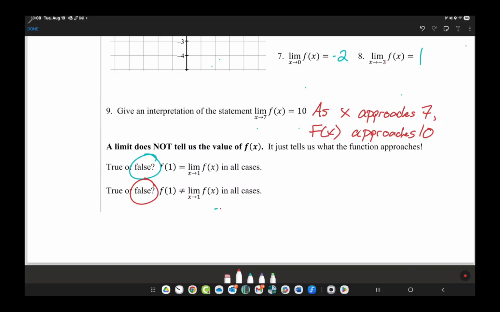Yes, because most functions we deal with are what's called continuous functions. Usually, the only time you're going to see a function and limit not match is with rational functions, a function over another function, or piecewise functions.